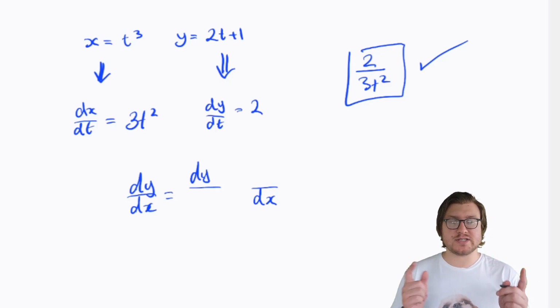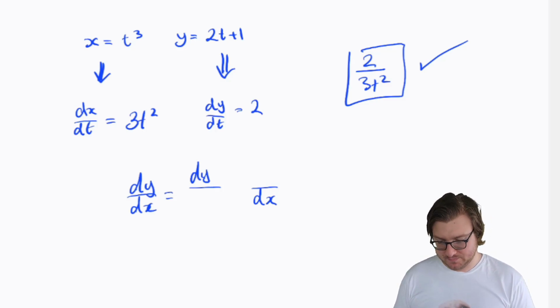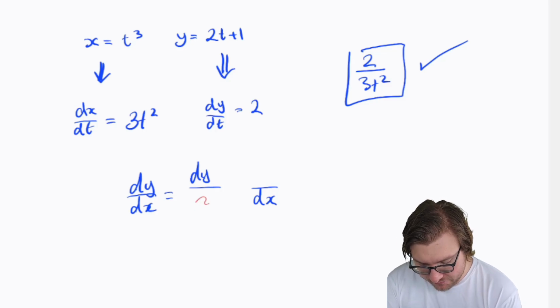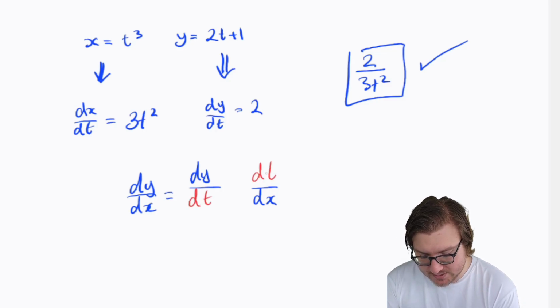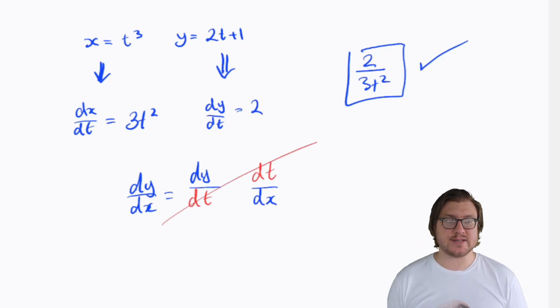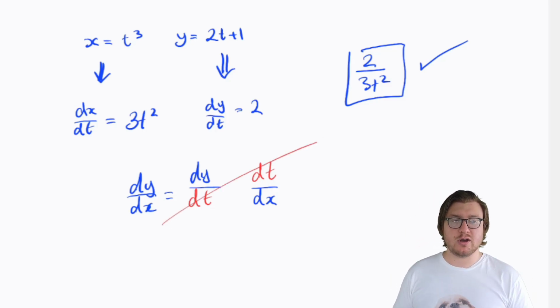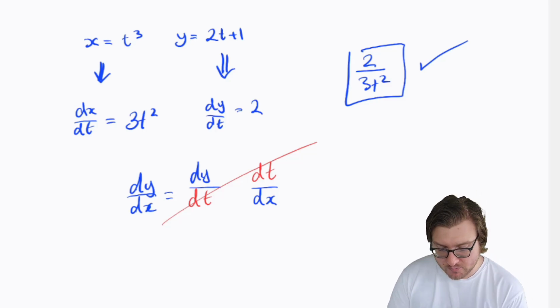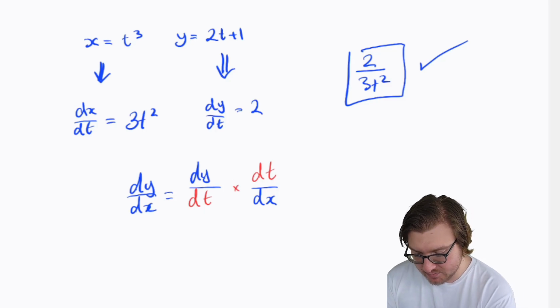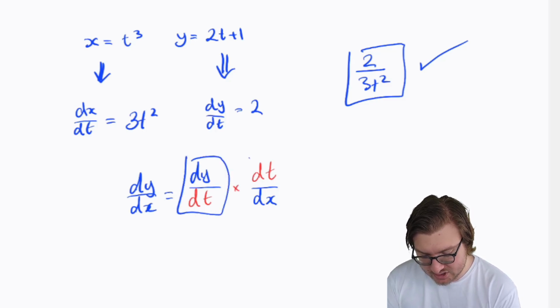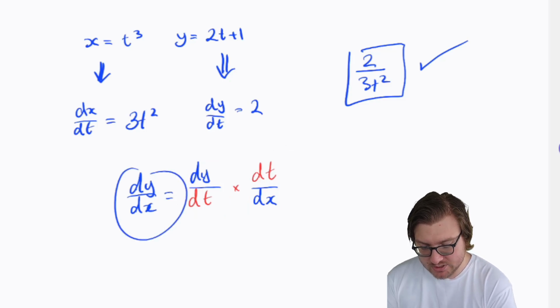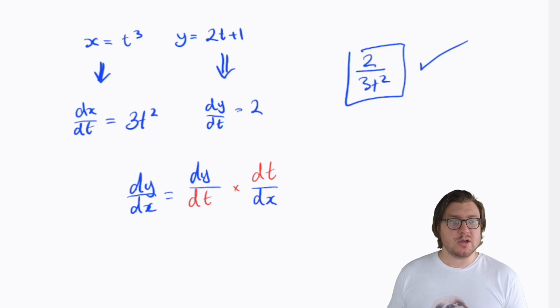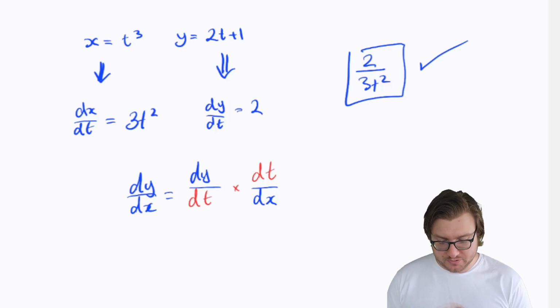They have to be on separate fractions. Now, whatever we have in between doesn't matter as long as they are the same in the numerator and the denominator. Now, we don't actually want to cancel them out. We want to use the fact that the combination of these two makes our dy/dx.